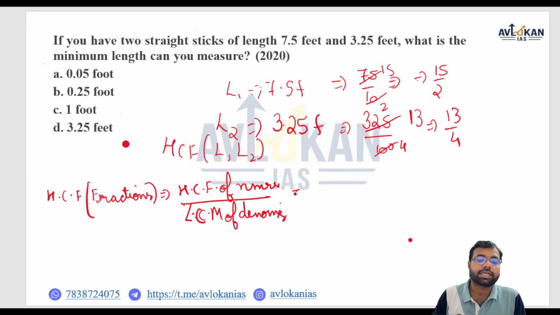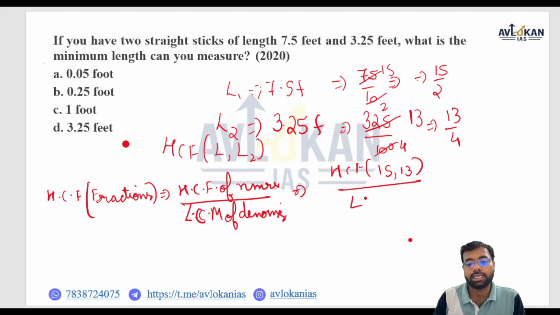So numerators क्या क्या हैं? 15 और 13. तो HCF of 15, 13 upon LCM of the denominators, which are 2, 4. So 2 और 4 का LCM 4.